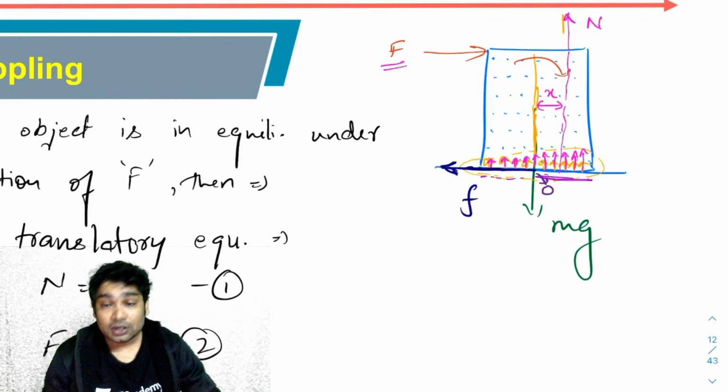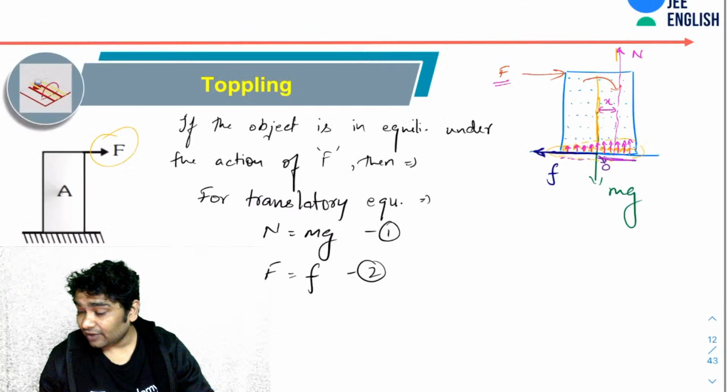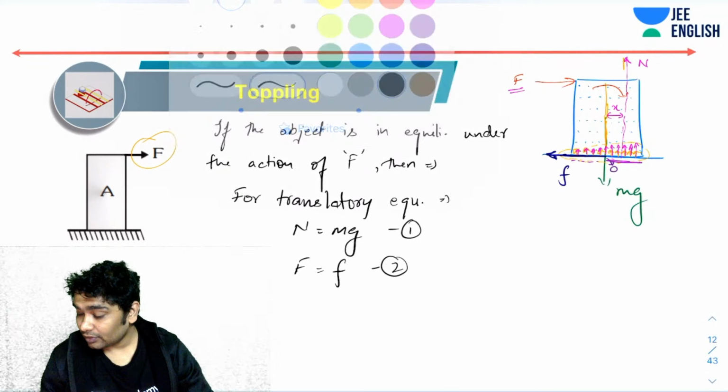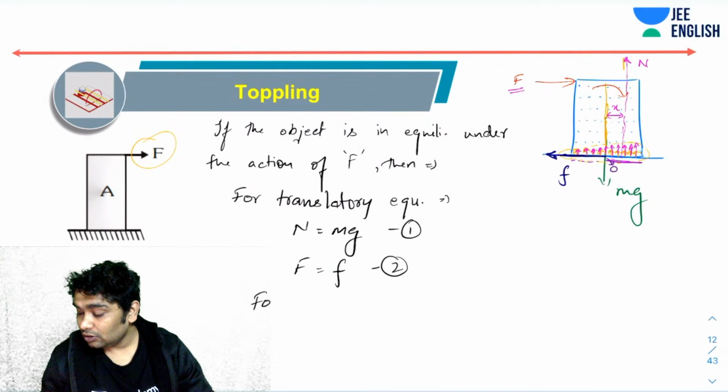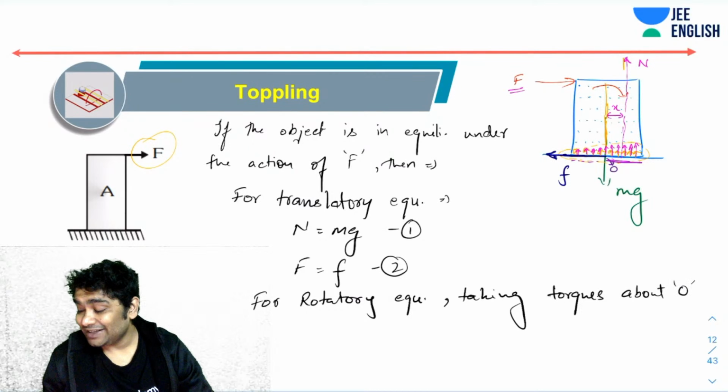Okay, so now I can say for rotatory equilibrium, if I take torques about O, then what am I getting? Let's see what we get.